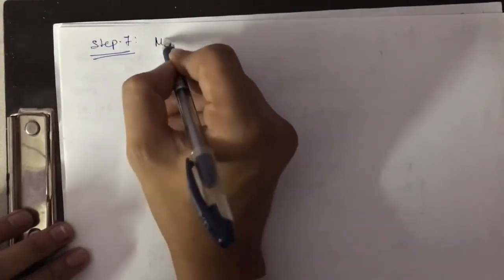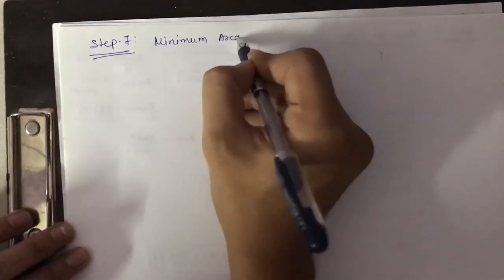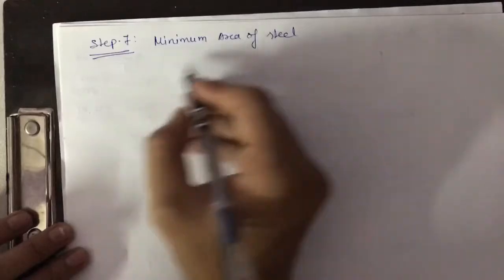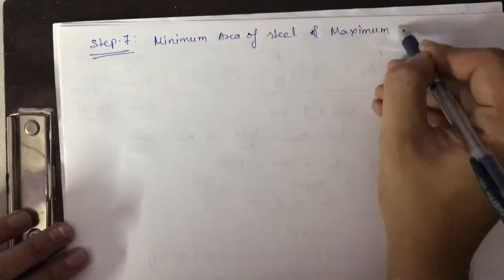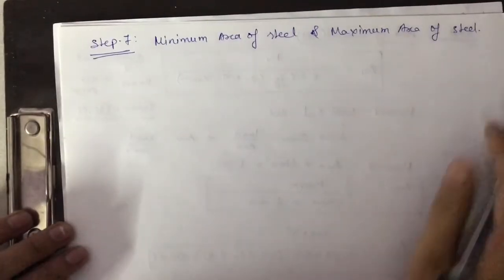Now let's go to the next step. It is step number 7: minimum area of steel and maximum area of steel.